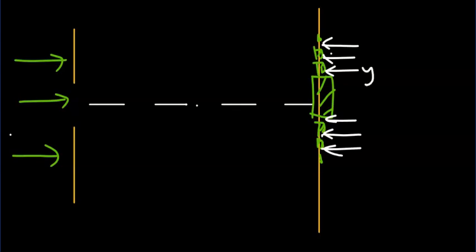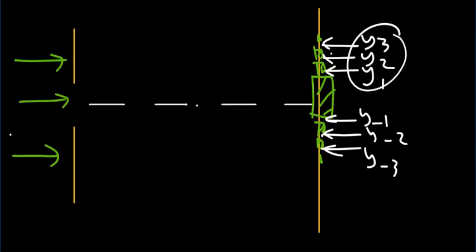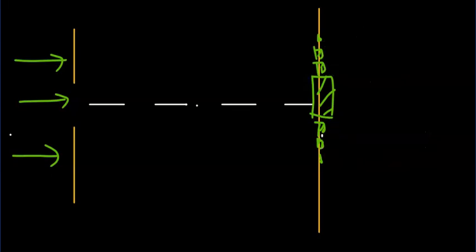So that is called y1, this is called y2, y3, this is y minus 1, y minus 2, y minus 3. All these are symmetrically situated about the central bright. This pattern can be diagrammatically represented using a curve or graph.